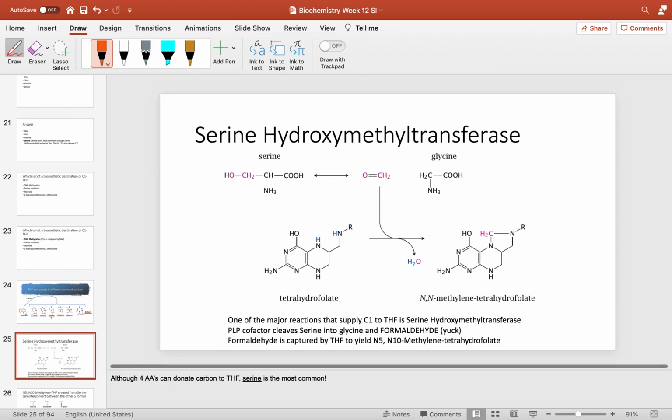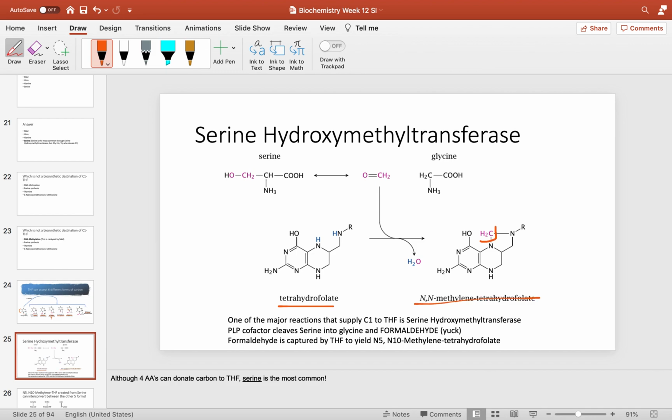Okay, so we just saw how THF looks when it accepts a carbon, right? So this is THF, and this is THF when it has a carbon, in this case methylene, because of the CH2 over here, right? But where does it get this carbon from? So like I mentioned before, there were 4 amino acids, but serine was the most common donator of a carbon group.